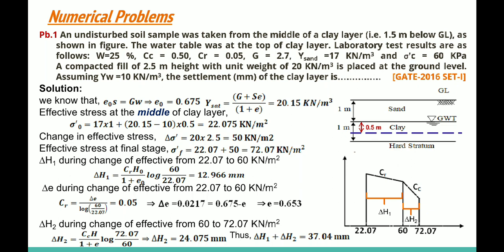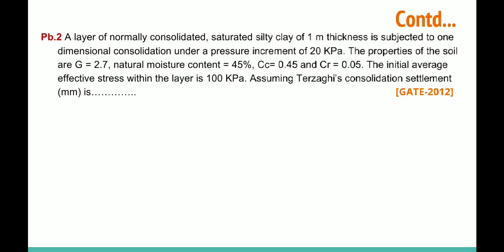Okay. So the next question: we have a layer of normally consolidated saturated silty clay of 1 meter thickness subjected to one dimensional consolidation under a pressure increment of 20 kilopascal. Right? The properties of the soil are given: specific gravity of solids 2.7, natural moisture content 45%, compression index 0.45, recompression index 0.05.